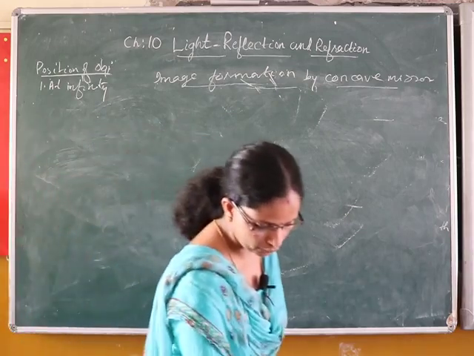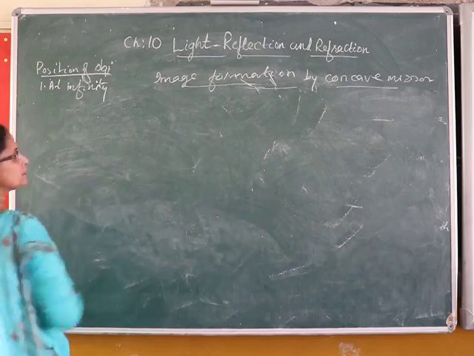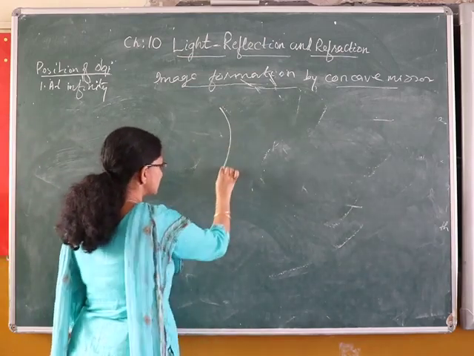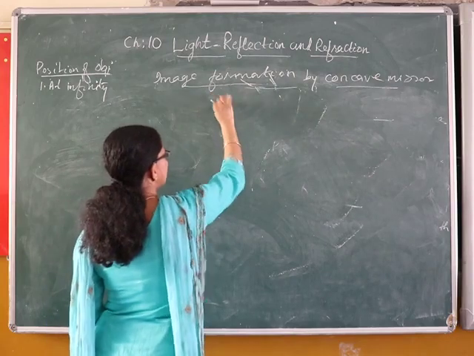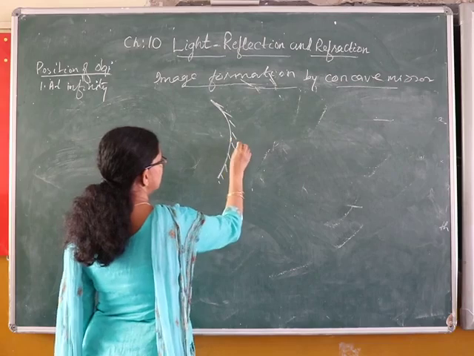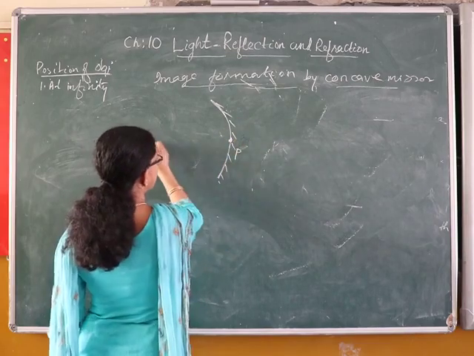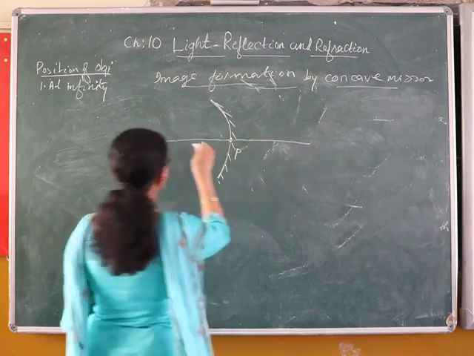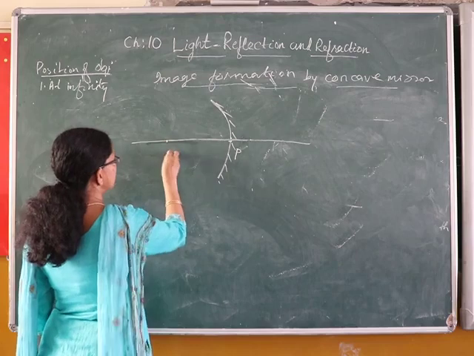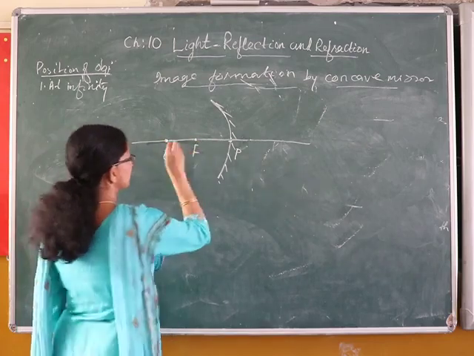How is this image formed? Here we have the concave mirror and P, the pole of the mirror, then the principal axis, C the center of curvature, and F the principal focus.